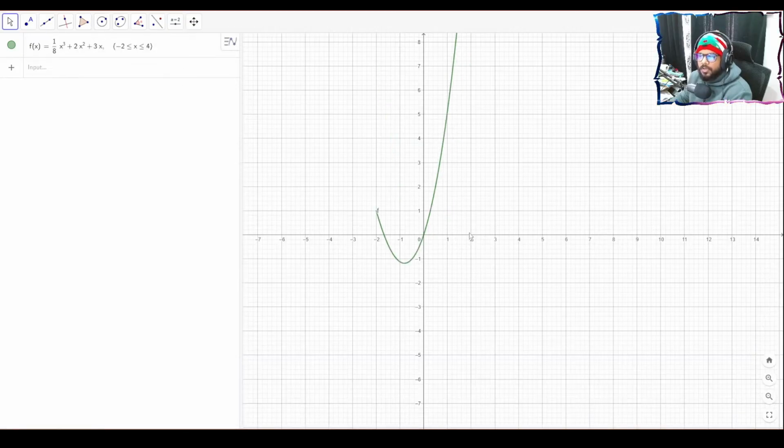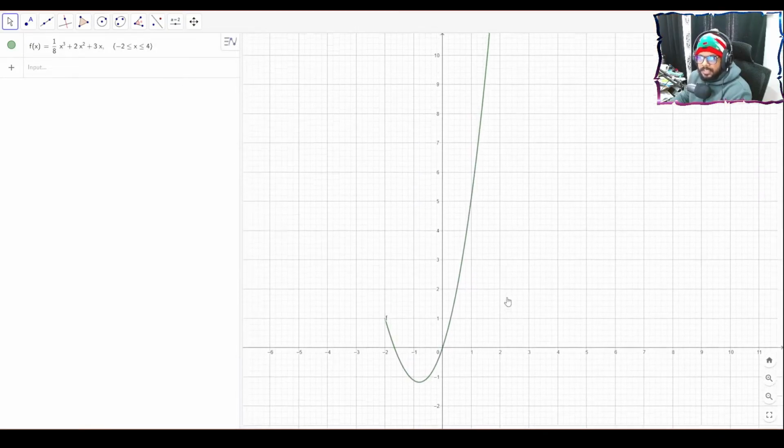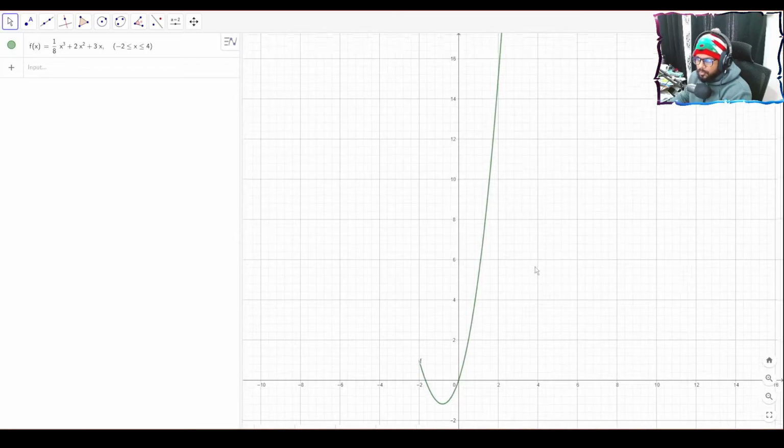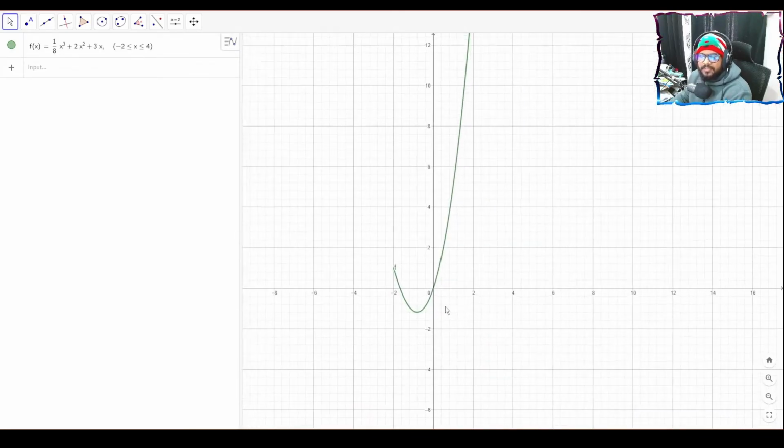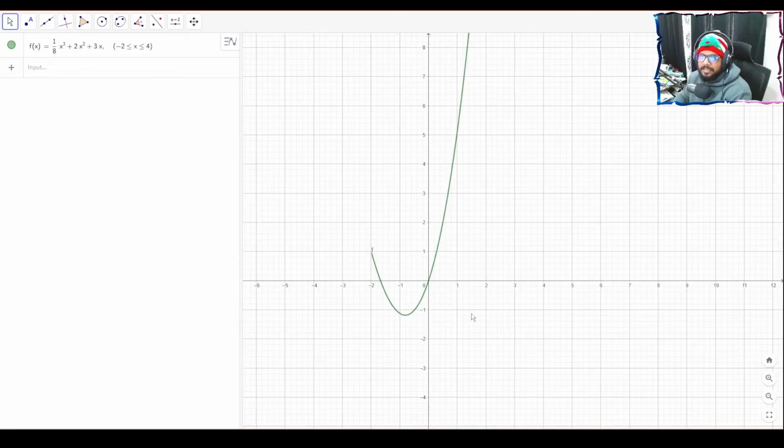Nice. Now, with the exact same domain, if I plug in the -2 like I did before, I'm going to get 1. But that's not the lowest point on the graph. The lowest point on this graph is going to be down here, which is my minimum point.